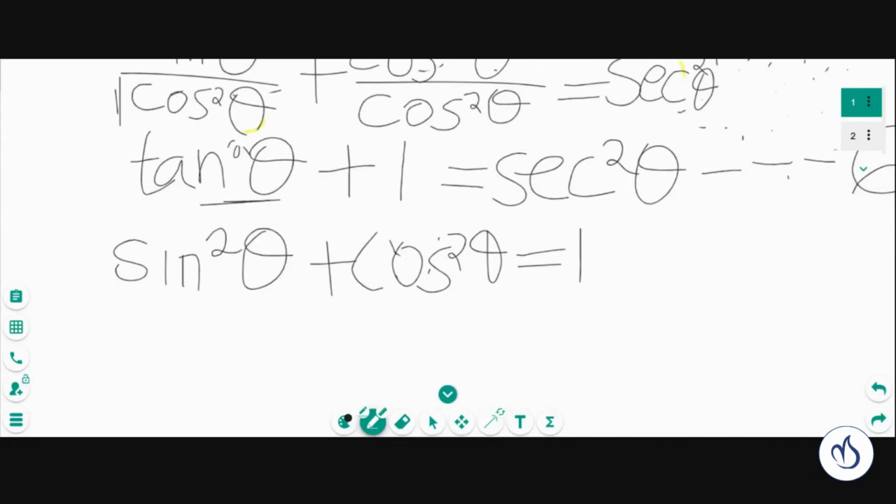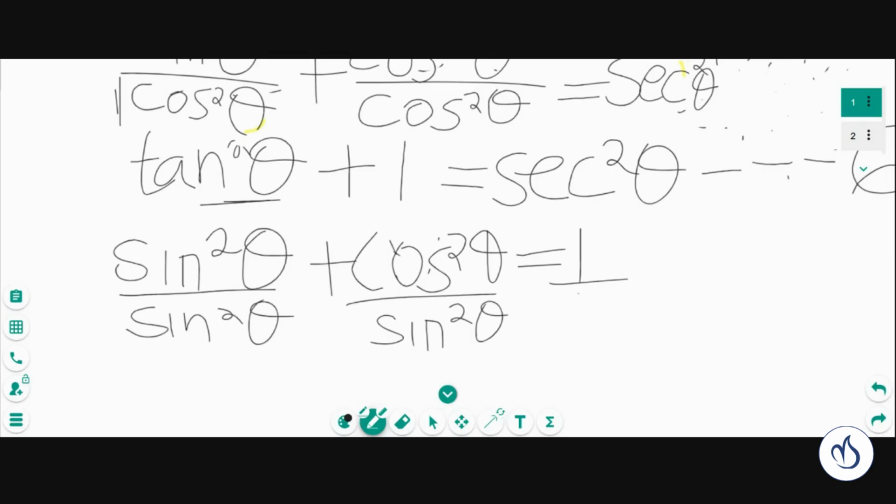So I'm going to divide all throughout by the sine squared theta, just like I did for the cos squared theta. And we said in mathematics, you are not changing the meaning if you do it well.